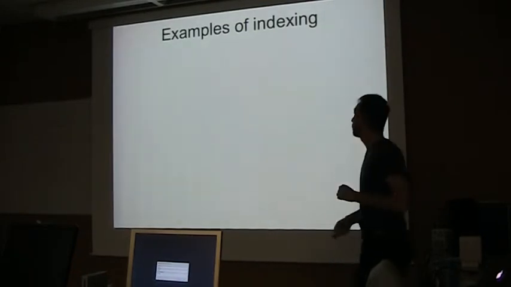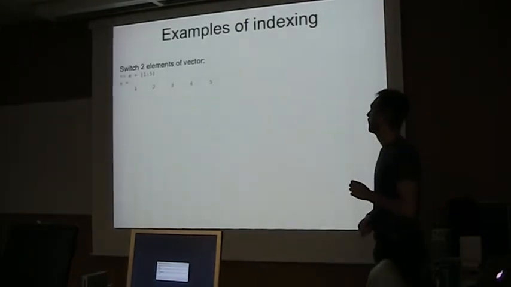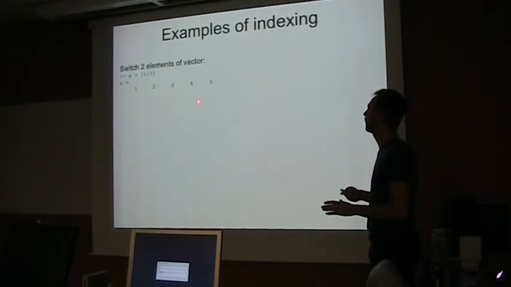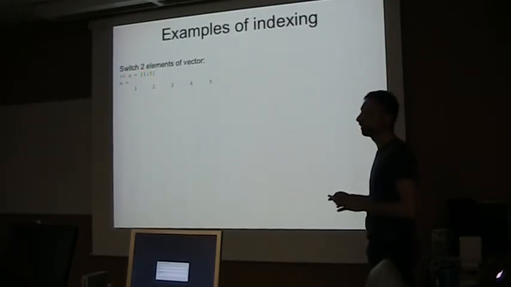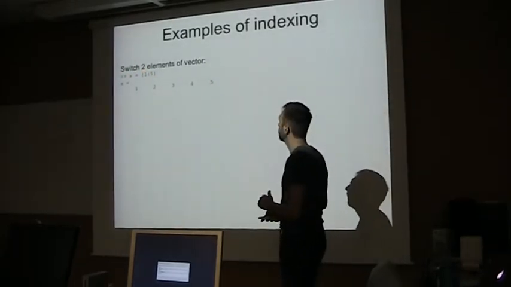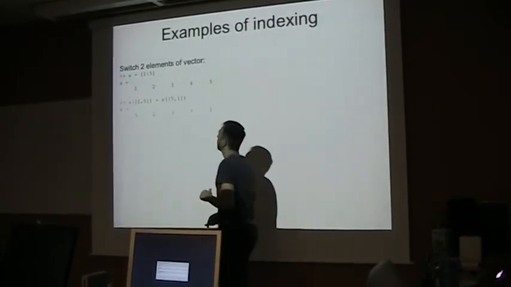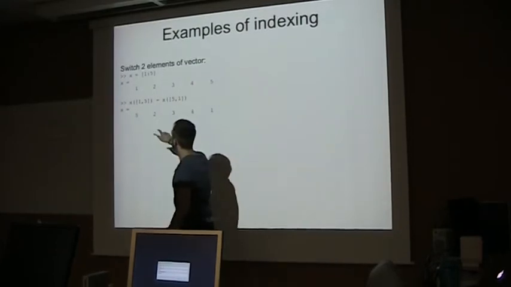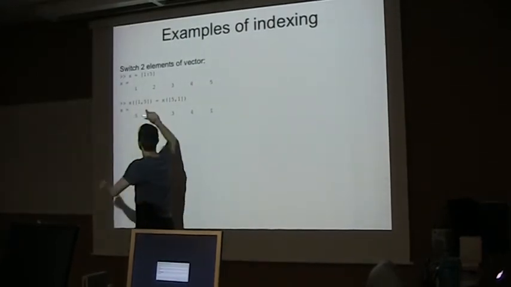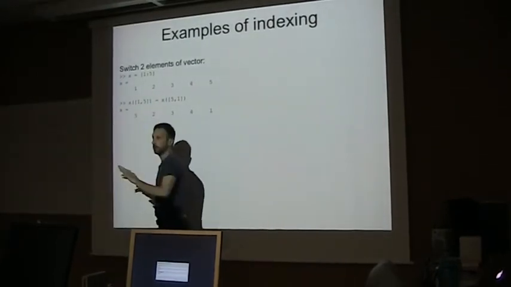And just to see if you are awake, let's create, you don't have to type this, let's just imagine we create x equals all the numbers from 1 to 5. And now I want to switch the first and the last. One way to do this is first to index the first and the last. So indexing is with these parentheses, yeah?